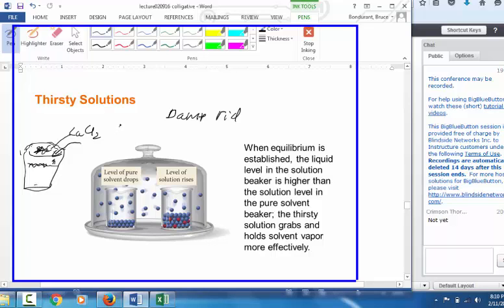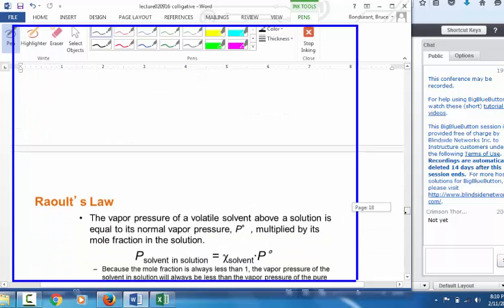So if you have little droplets of water out here that are pure, they will evaporate and end up in that bucket. So if you go to Home Depot or Lowe's and buy Damprid and put it in a closet, you're using this type of principle.